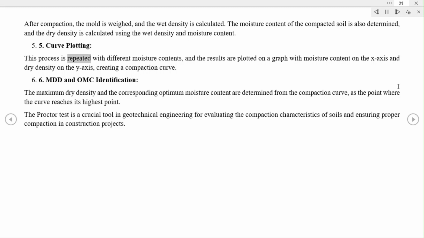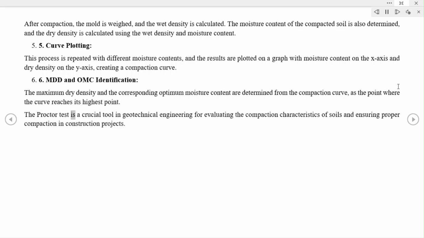This process is repeated with different moisture contents, and the results are plotted on a graph with moisture content on the x-axis and dry density on the y-axis, creating a compaction curve. 6. MDD and OMC identification. The maximum dry density and the corresponding optimum moisture content are determined from the compaction curve, as the point where the curve reaches its highest point.